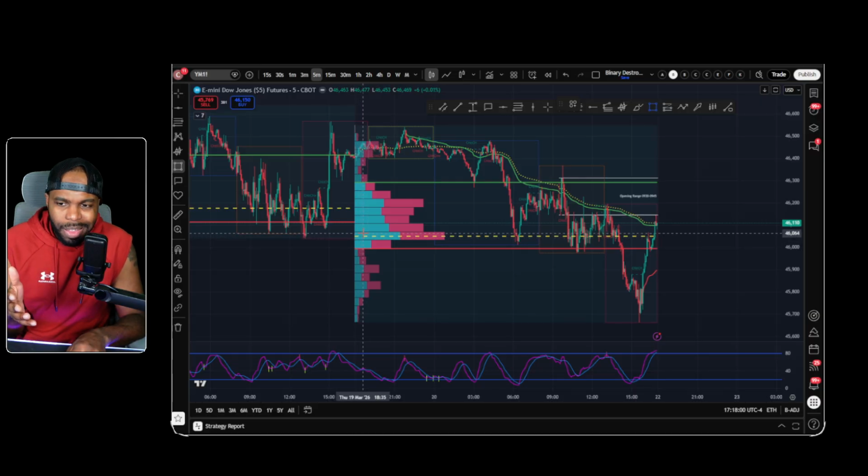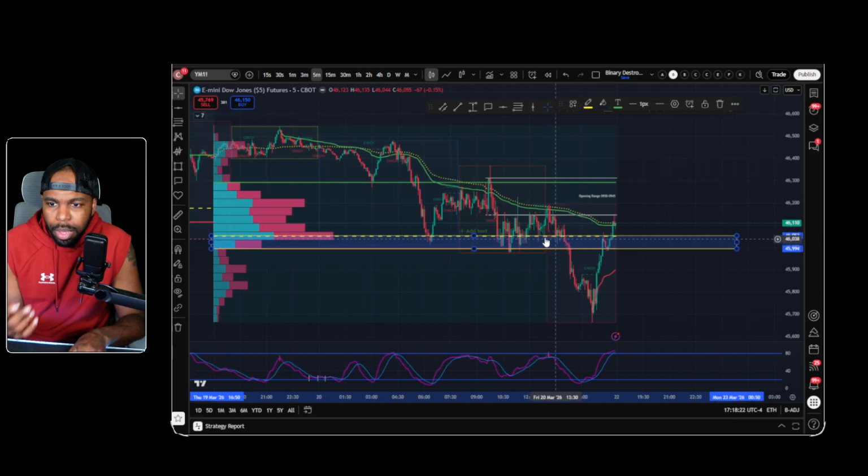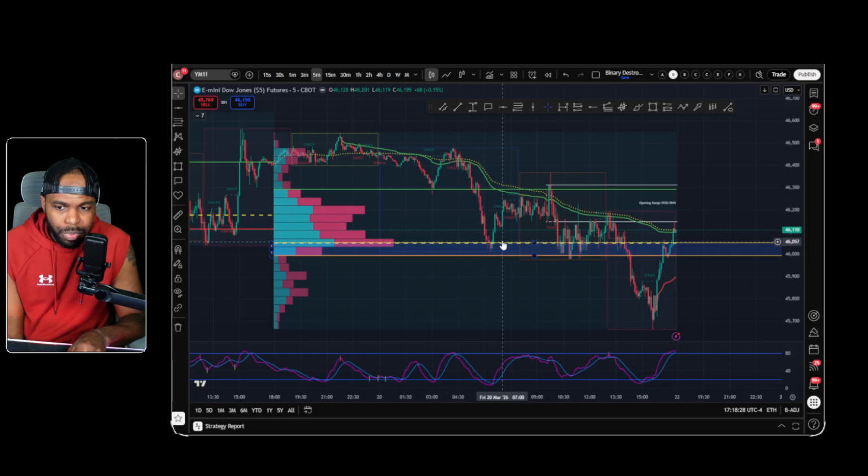The yellow dotted line is called the point of control, which is where the most trading volume has taken place. Then there's a red line here, which is the value area low, and a green line here that's the value area high. So what I do is I take my rectangle tool and I line these up to make a zone. And whenever price comes to this level, majority of the time it likes to reject that level.